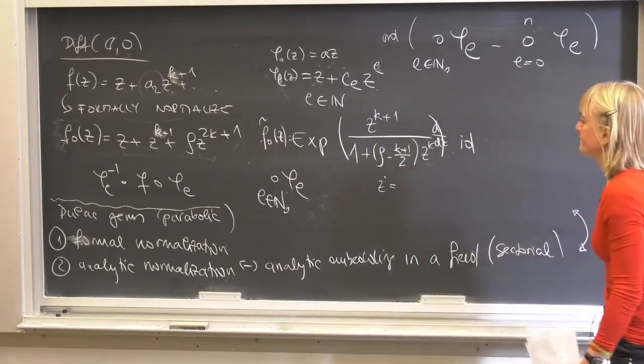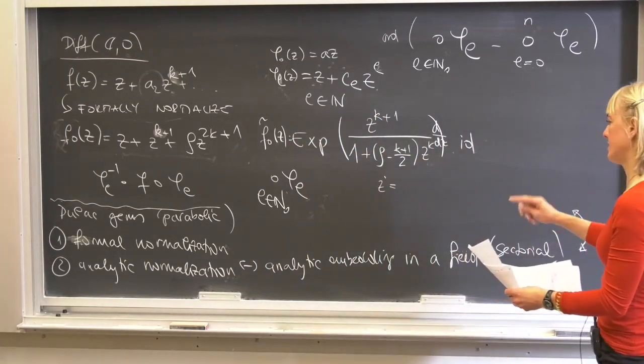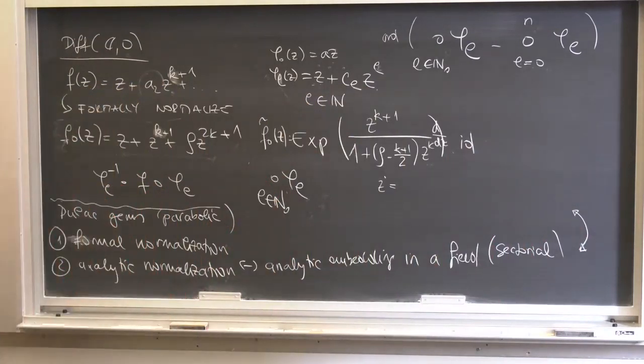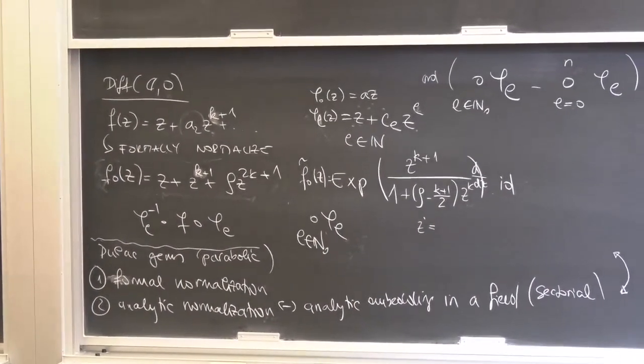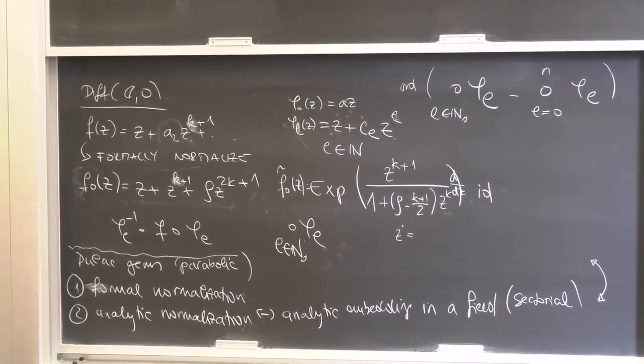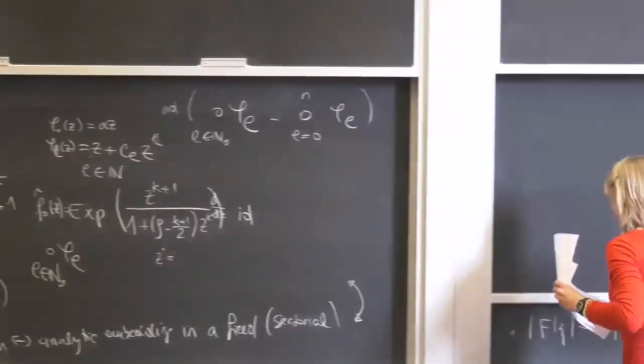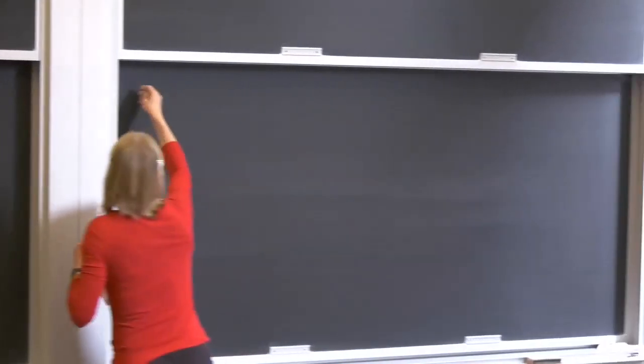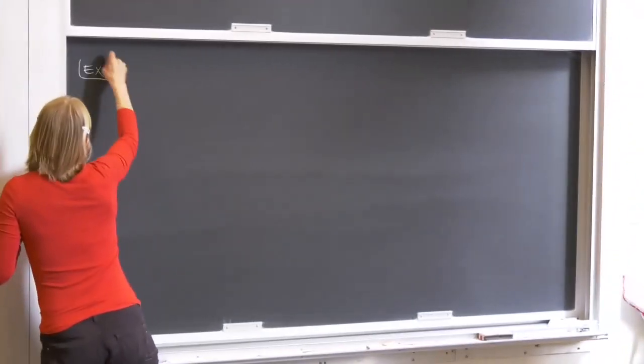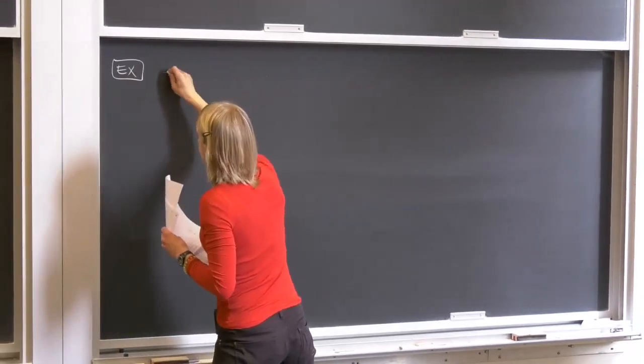Okay, so I will now just say a few words about this formal normalization. Say that we have a Dulac germ. I'll illustrate from one example, but not completely.